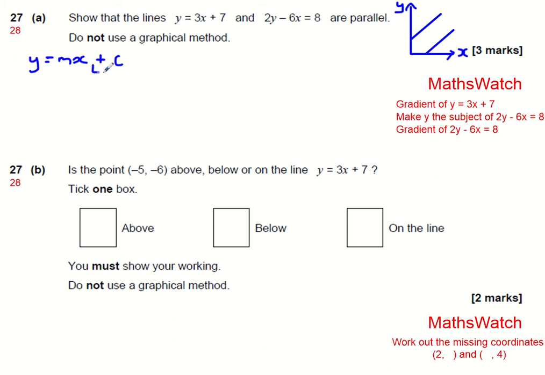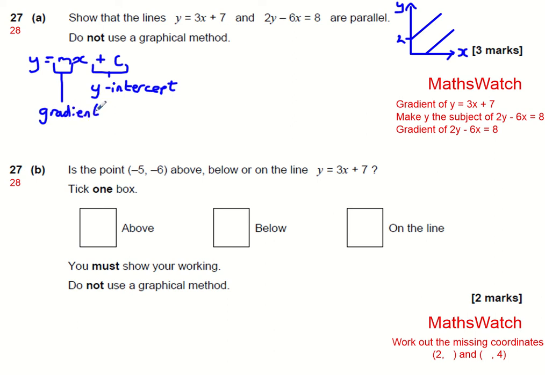Now, c is called the y-intercept. What that means is that that's the number that the line cuts through the y-axis on. So this top line up here, if it cut through the number 2, for example, that would end with plus 2. What we're interested in is the m, so the number in front of the x, that is the gradient.